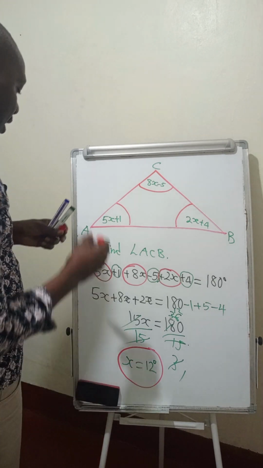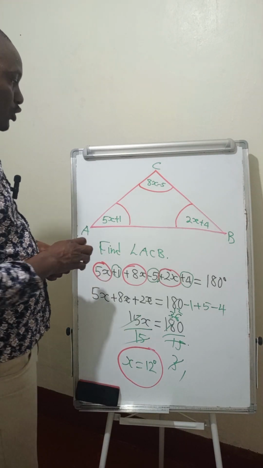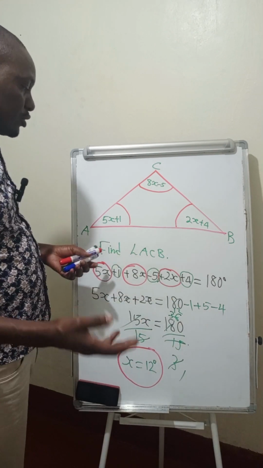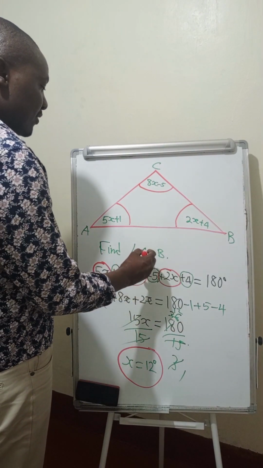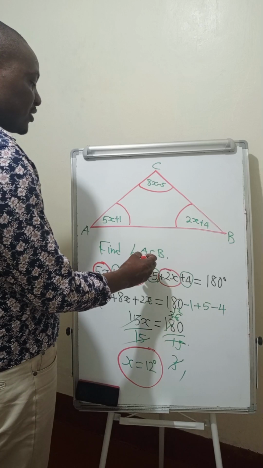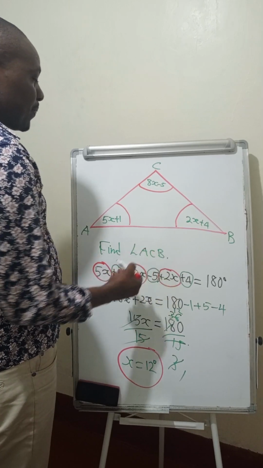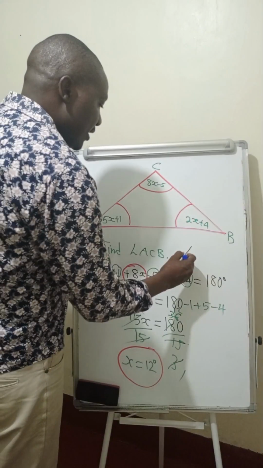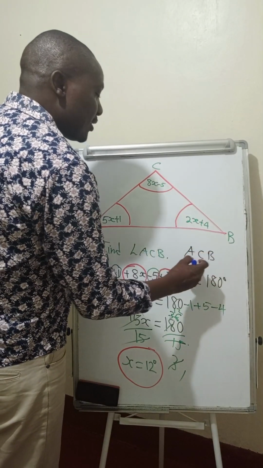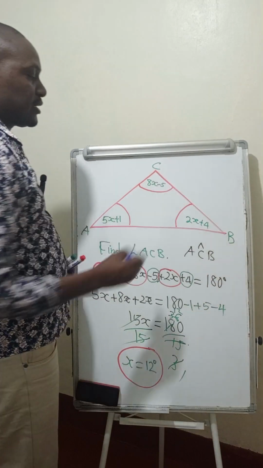Now, come and substitute. And now, because of time, go direct to the point. You are asked to find the size of angle ACB. Always, my learner, if you are told ACB, the angle is always the one at the center.